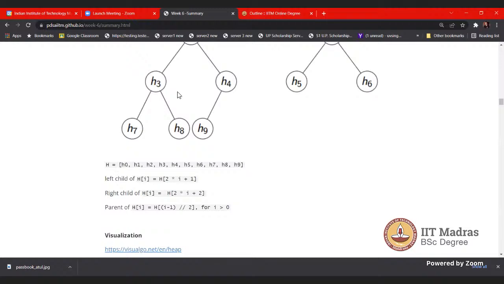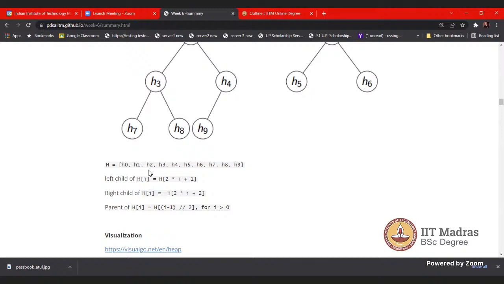Here the heap is given as a tree, and this tree is also represented in list form: h0, h1, h2, h3, h4, h5, h6 in that way. But how can we find out which one is the child of which node, and which one is the parent of any node?